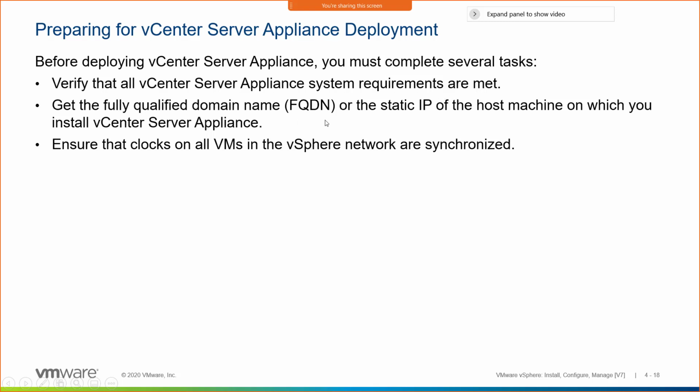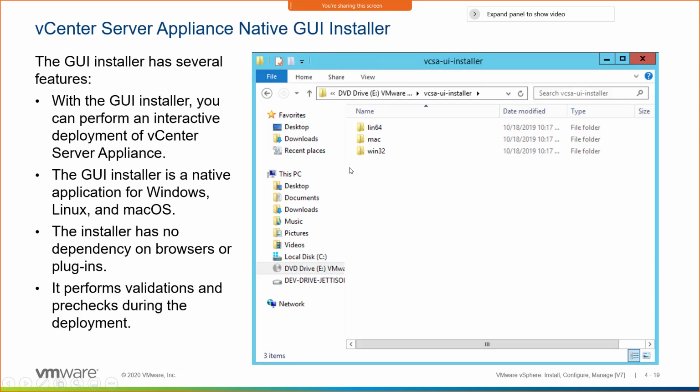Get the FQDN or static IP of the host machine on which you install vCenter Server. Yes, we got the iscsi01 host IP. And ensure that clocks on all VMs in the vSphere network are synchronized. Well, yeah, the time has to be correct, otherwise it's going to be an issue. We're going to check it out.